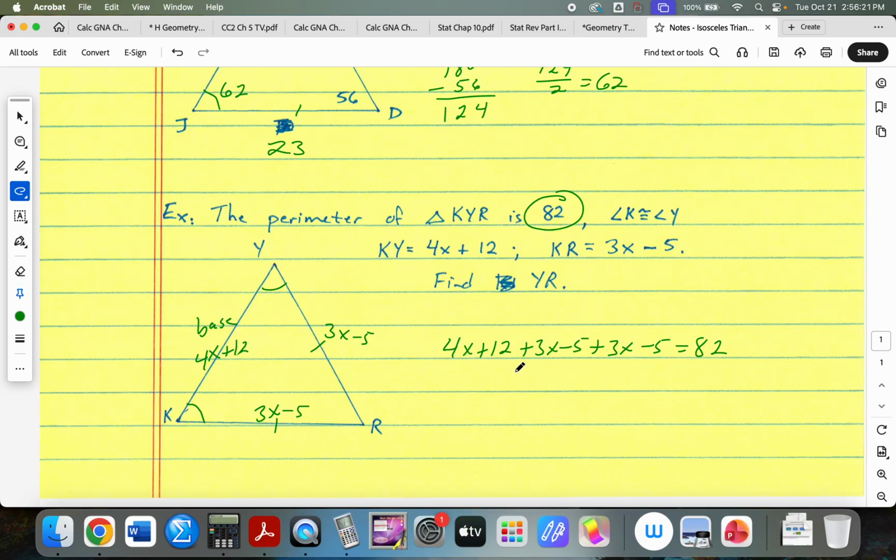Grouping the like terms, that's 10x plus 2 is equal to 82. Subtract 2 and you get 10x is 80. Divide and we get that x is 8. So then YR is 3 times 8 minus 5. It's 24 minus 5 is 19.